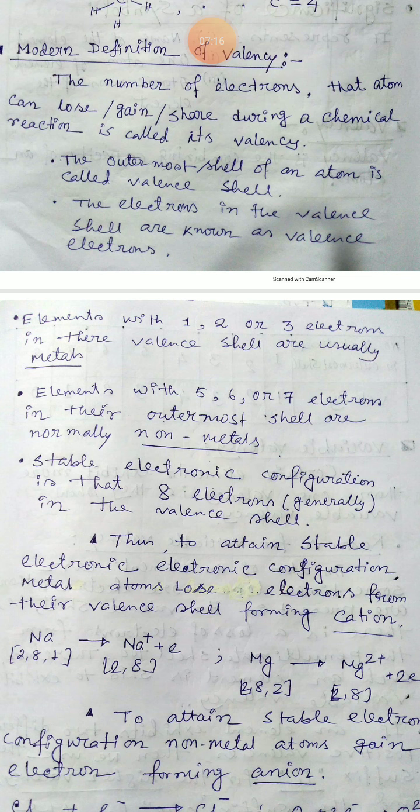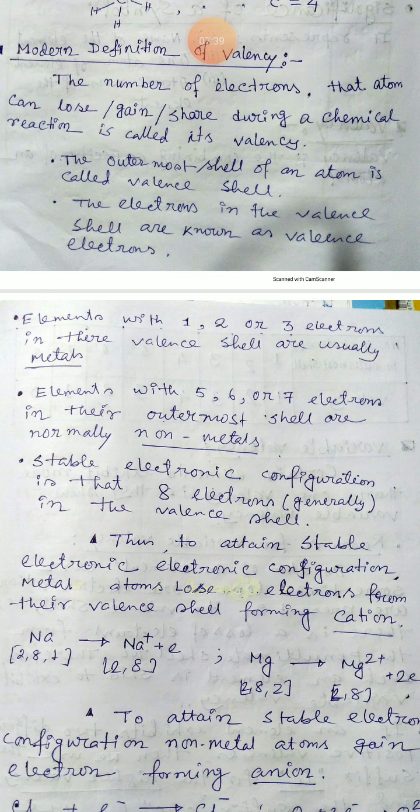Elements with 5, 6 or 7 electrons in their outermost shell are normally non-metals. You have to remember this. And the last point, a stable electronic configuration is that in which 8 electrons are present in the valence shell.